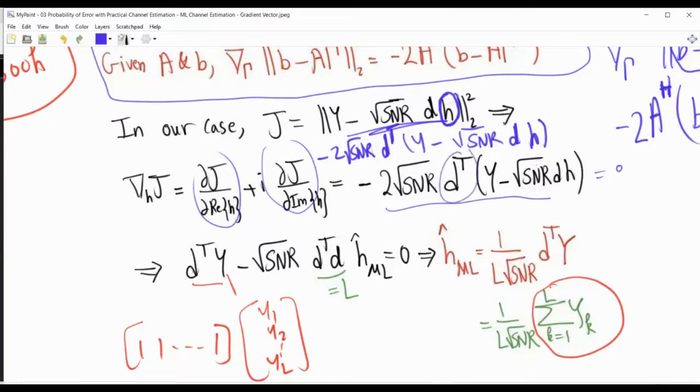And we will get here d transpose d, and if you multiply d transpose d, you just get 1 plus 1 plus 1, L times, and so you just get L. And so your maximum likelihood estimate, again here I am assuming that when you partially differentiate and equate to 0, you get the optimal result directly.